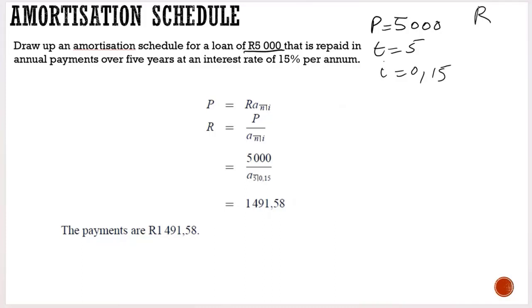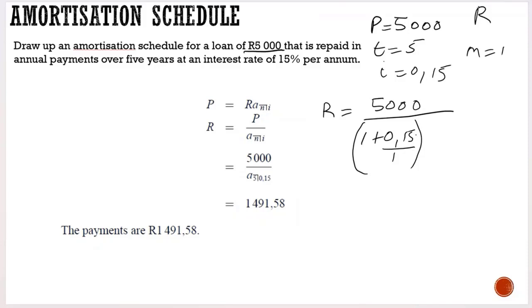Your R is equal to your P, which is 5,000, divided by 1 minus 1 plus 0.15 over 1, to the power N. This is compounding annually, so I write M is equal to 1. So then you know why we are always dividing by something.